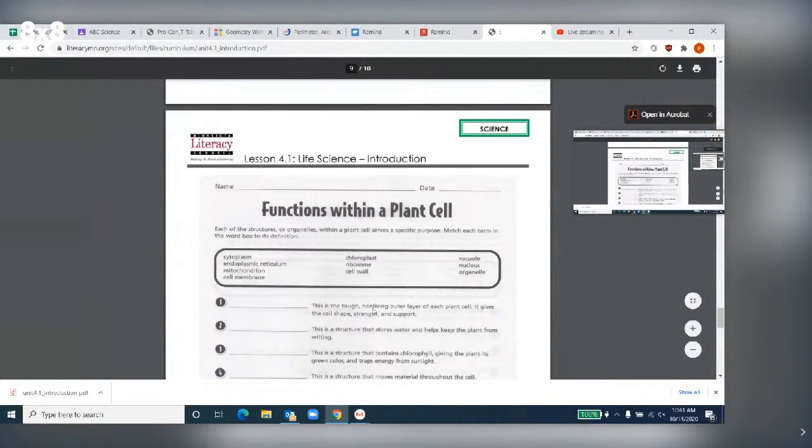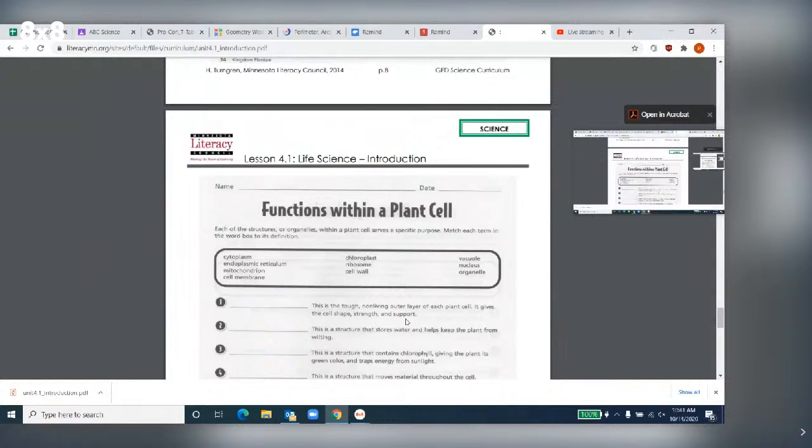So this is the tough, non-living outer layer of each plant cell. It gives the cell shape, strength, and support. That's the cell wall. So the cell wall gives the plant shape, strength, and support. Okay, so number one is the cell wall. Number two, this is a structure that stores water and helps keep a plant from wilting.